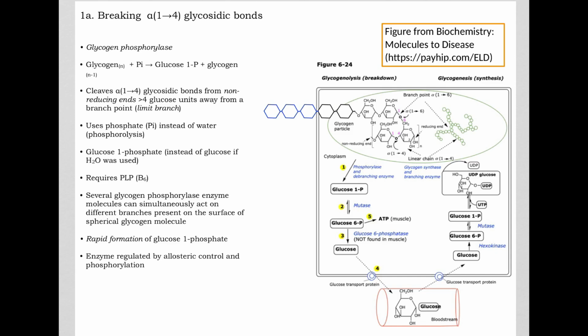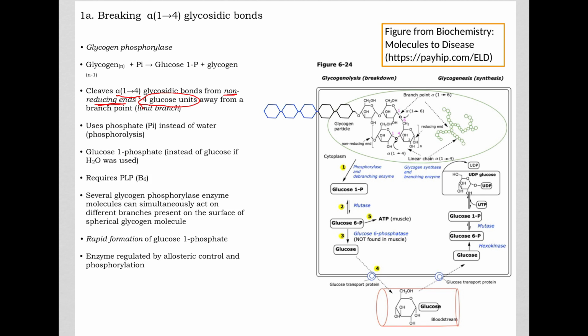Glycogen phosphorylase will cleave the alpha-1,4 glycosidic linkage only from the non-reducing end. And it has to be 4 glucose units away from a branch point.